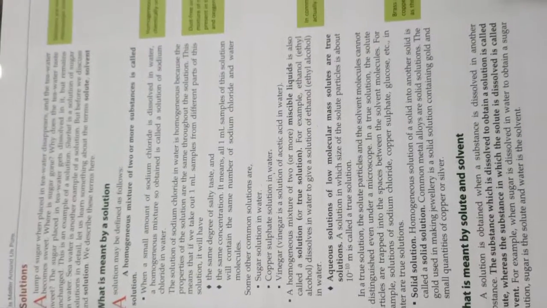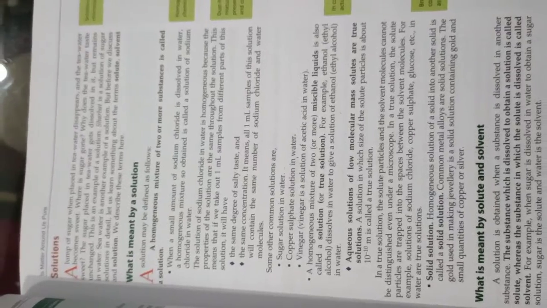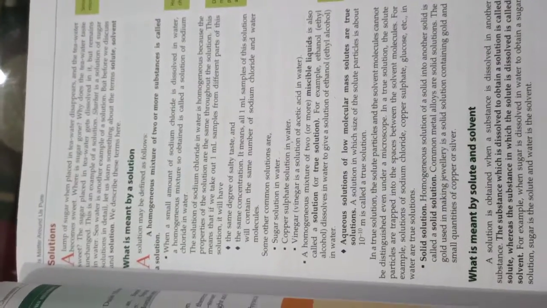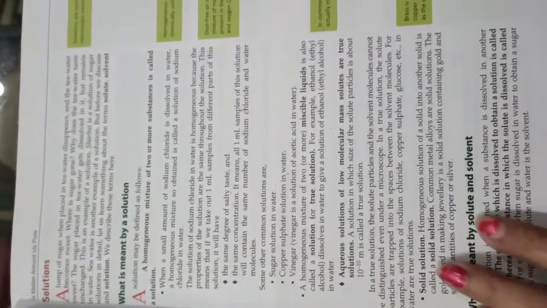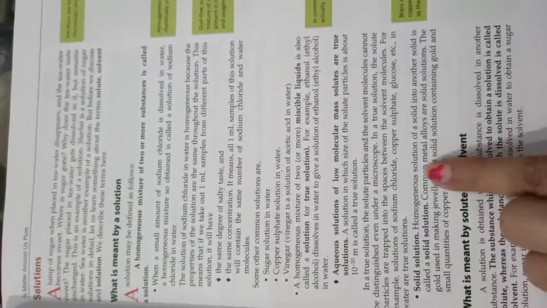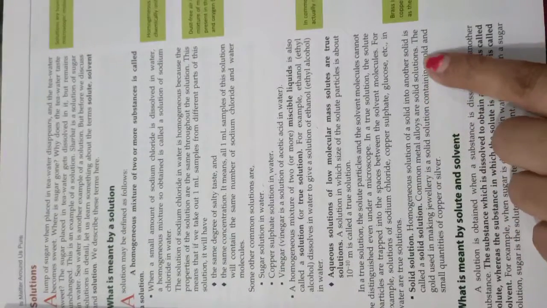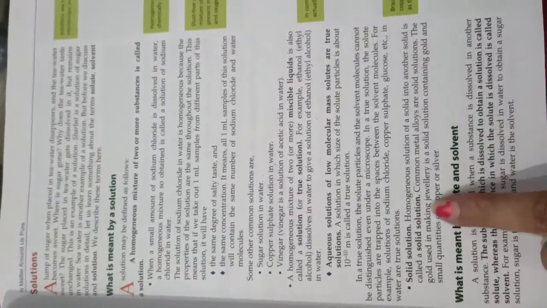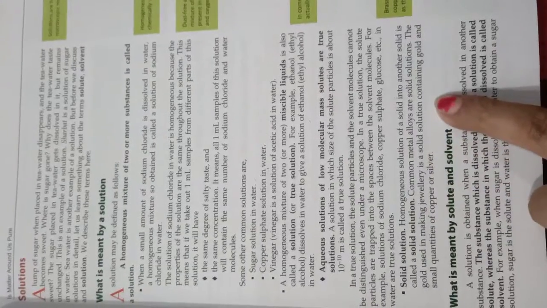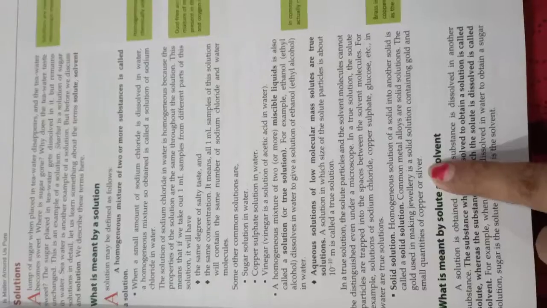When salt and sugar are mixed together, then it forms a solid solution. Here they are giving an example. A common metal alloy is a solid solution. The gold used in making jewelry is a solid solution containing gold and small quantities of copper or silver.